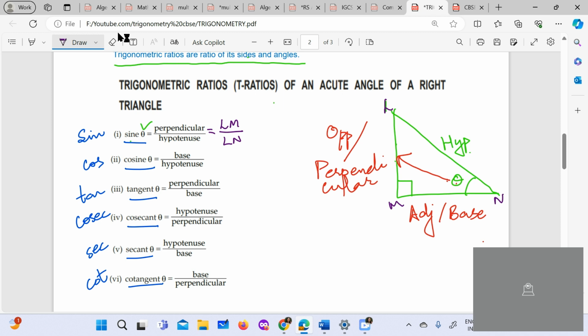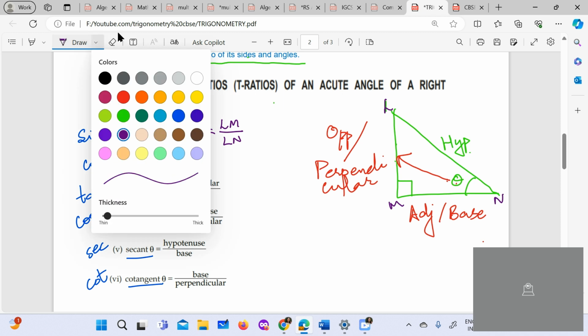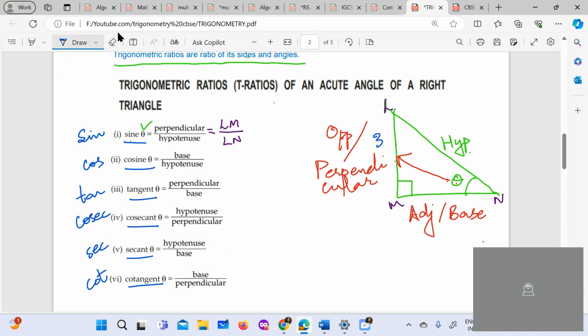Let me give it some numerical values. Again I will take the same 3 centimeter, 4 centimeter, and this one is 5 centimeter. Now the value of sine theta: since I have written LM upon LN, LM is 3 and LN is 5. Hope this is clear to everyone.